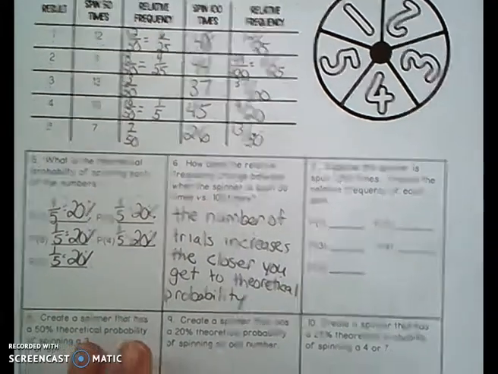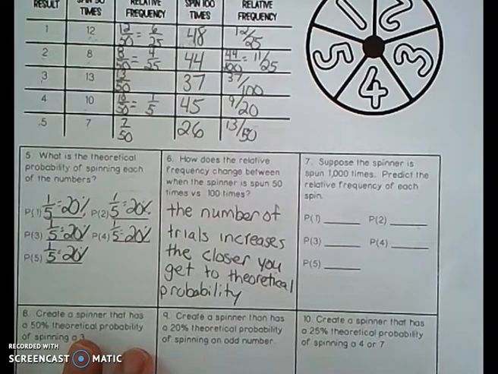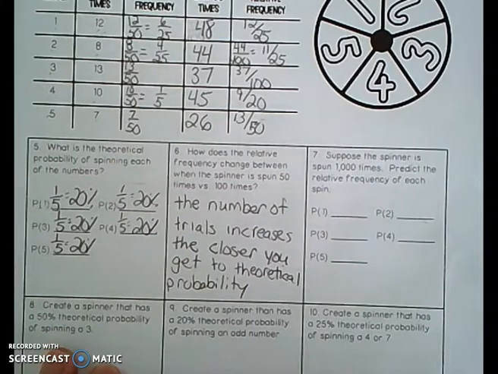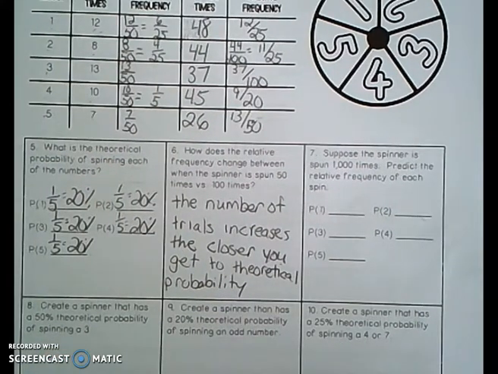Okay, so number 7 says, suppose the spinner is spun 1,000 times. Predict the relative frequency of each spin. So is 1,000 more than 50? Yeah. Is it more than 100? So because I'm spinning it so many times, my relative frequency should be what? It should be the same as my theoretical.